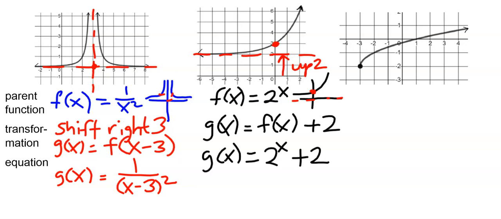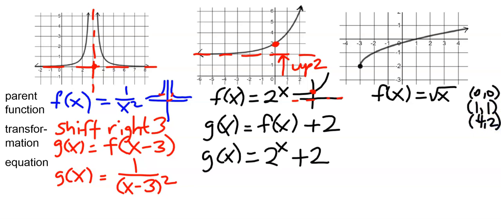This next one is a square root function. The parent function is f of x equals the square root of x. You know from the notes at the top of the page what the square root of x function looks like. It has a point at 0, 0, and it has a point at 1, 1, and it has a point at 4, 2.